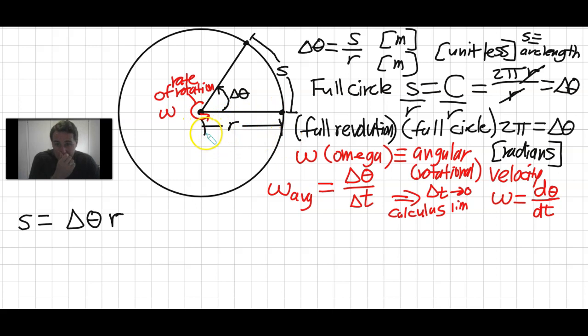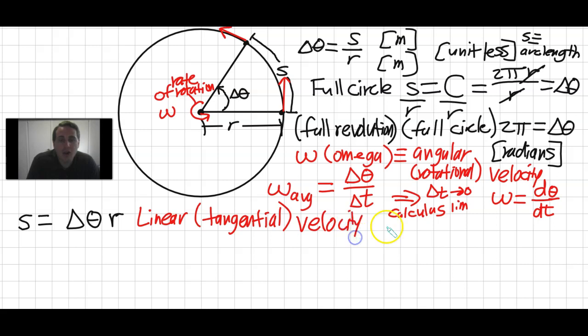Also note that omega is related to a linear quantity. Notice that you could imagine that on the outside, an object is going to be moving at a certain linear velocity, like so. And that linear velocity is going to be tangent to the circle and perpendicular to the radius. So we could say the linear or the tangential velocity on the outer edge should still have units of meters per second.